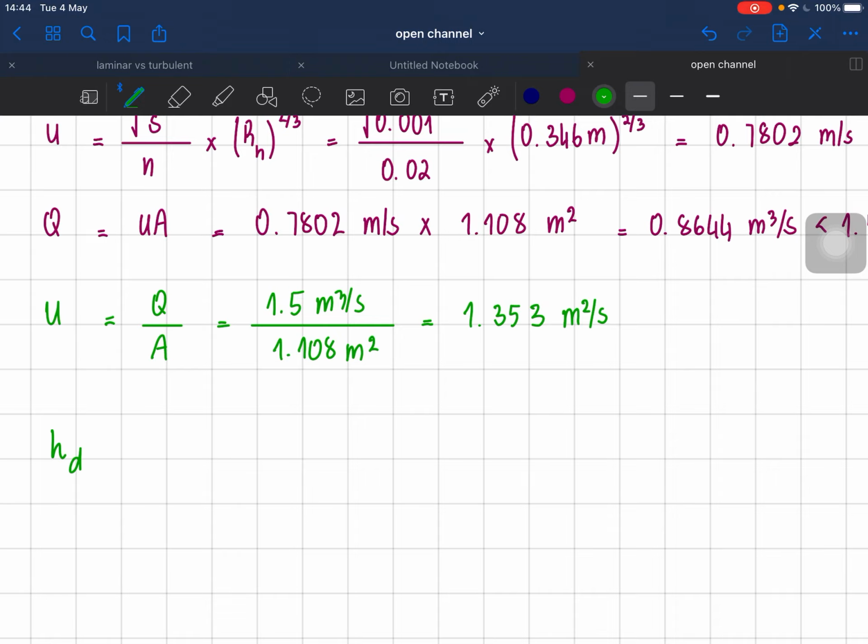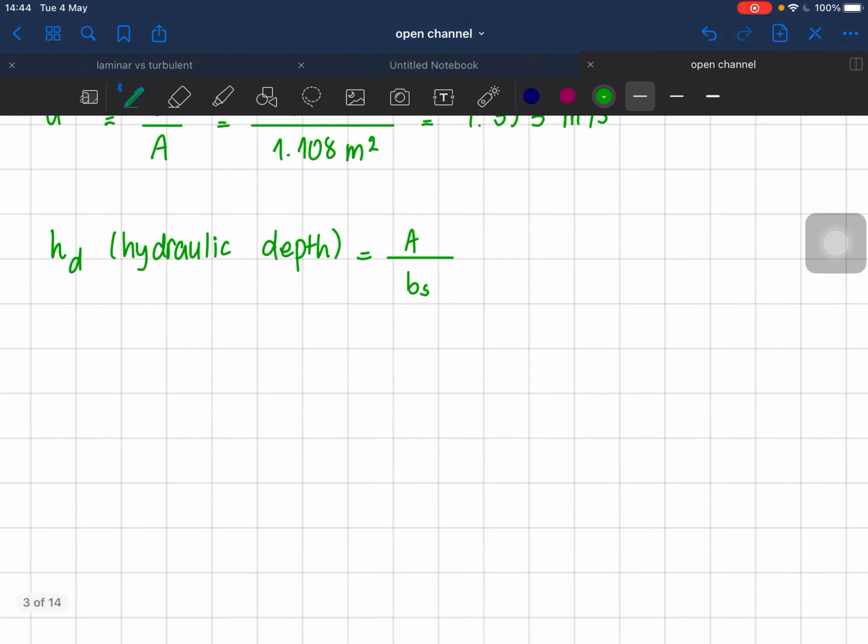There's a static height and that one, so HD is hydraulic depth. How do we write this one? Hydraulic depth equals A over B. Basically, the formula for hydraulic depth is not fixed.